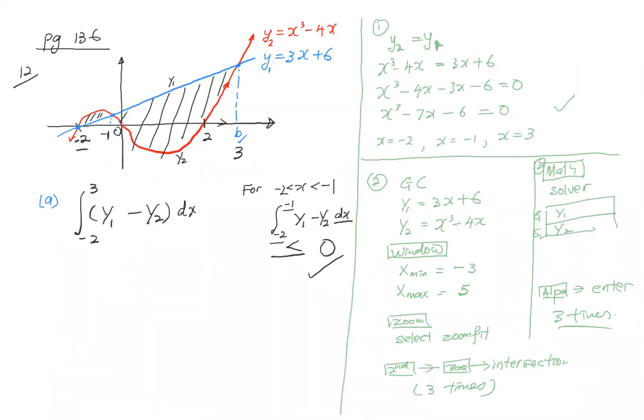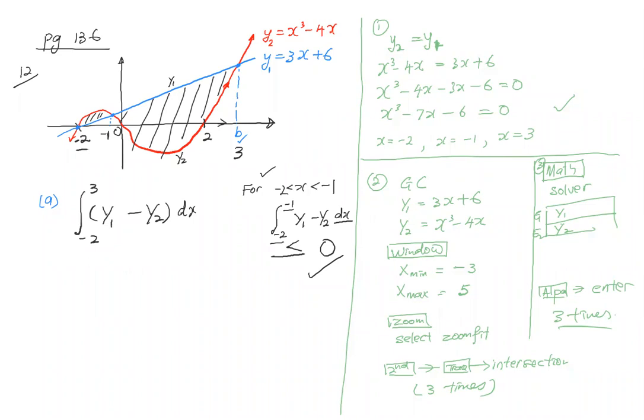So for this region, if I take y1 minus y2, what will happen? I will get a negative value. Can you explain again, please? Why is it less than 0? Look at the graph from the region of -2 to -1. Which function is above? Which is at the bottom? Y2 is above.